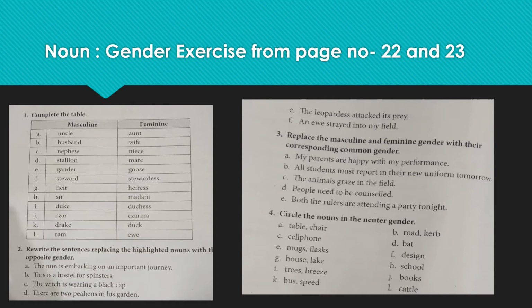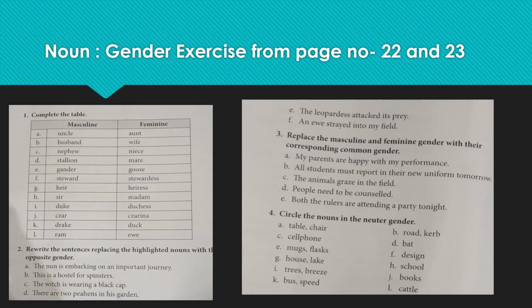All these exercises, first you have to write down in the textbook, then write neatly and correctly in your notebook. Exercise 3: replace the masculine and feminine gender with their corresponding common gender. Masculine gender is given, feminine gender is given, and you have to complete it in common gender.